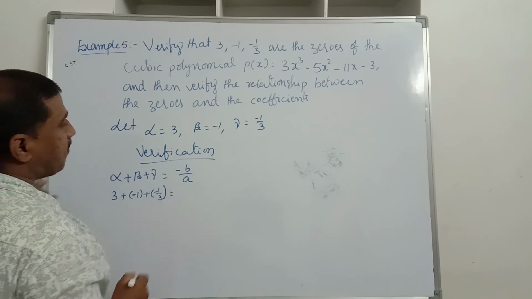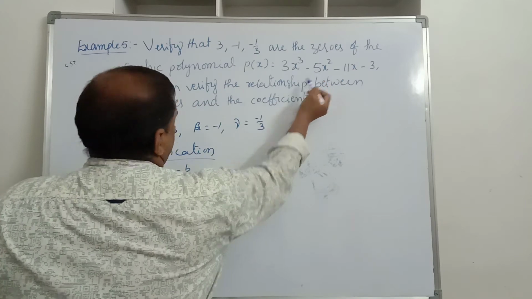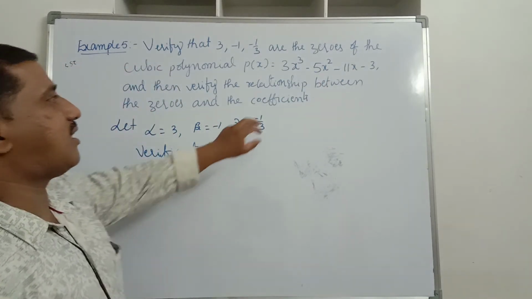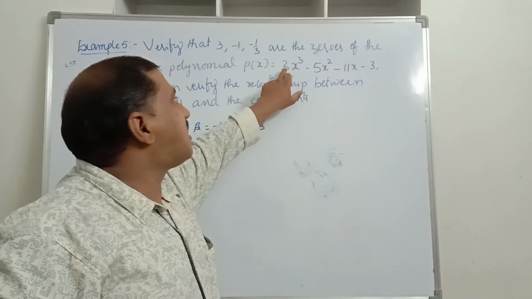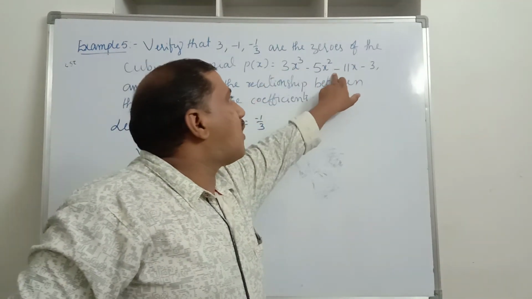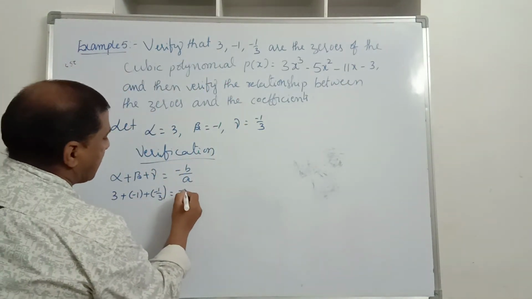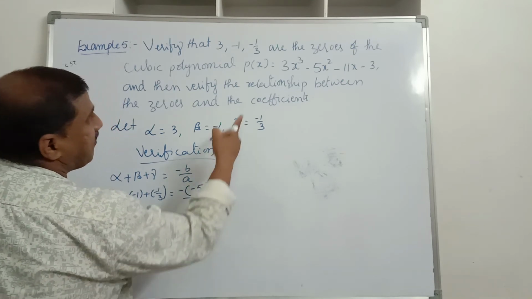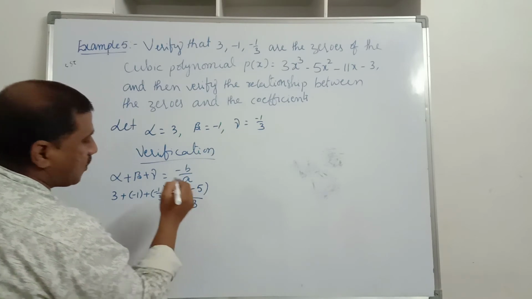That is equal to minus b by a. b is the x square coefficient. Here the x square coefficient is minus 5, the x cube coefficient is 3, the x coefficient is minus 11, and the constant is 3. Therefore minus b is equal to minus of minus 5, divided by the x cube coefficient, a is equal to 3.